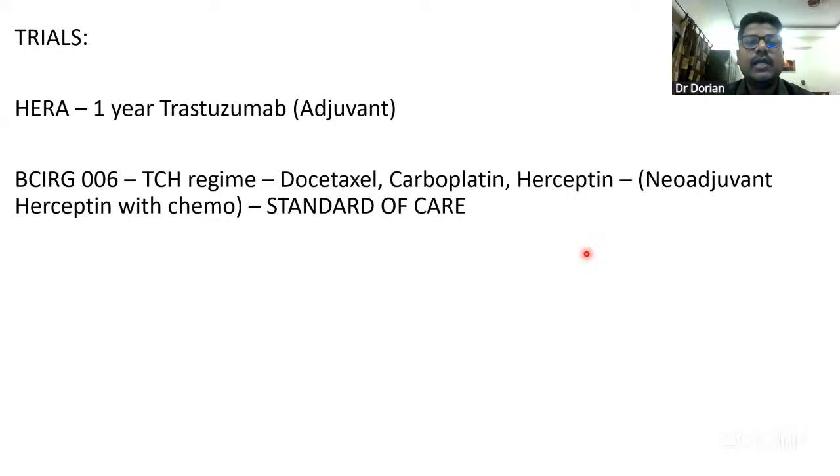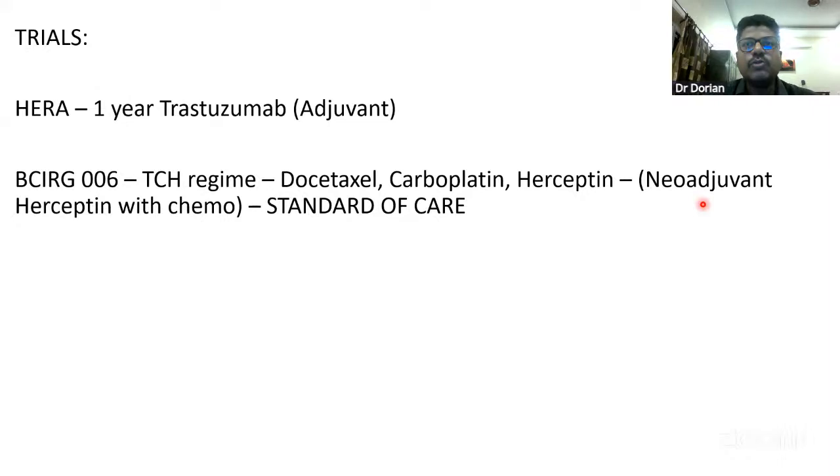One landmark trial, BCIRG 006. It gave the importance of this TCH regimen when used in the neoadjuvant setting. So Herceptin is usually combined with any chemotherapy because the combined effects of chemotherapy and Herceptin will destroy the cancer cells even more effectively.